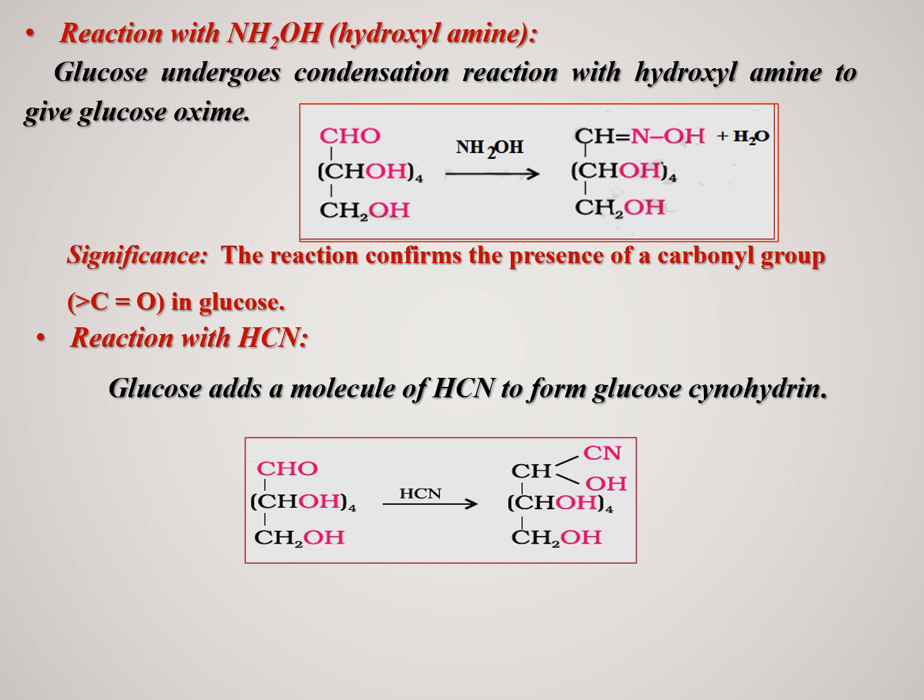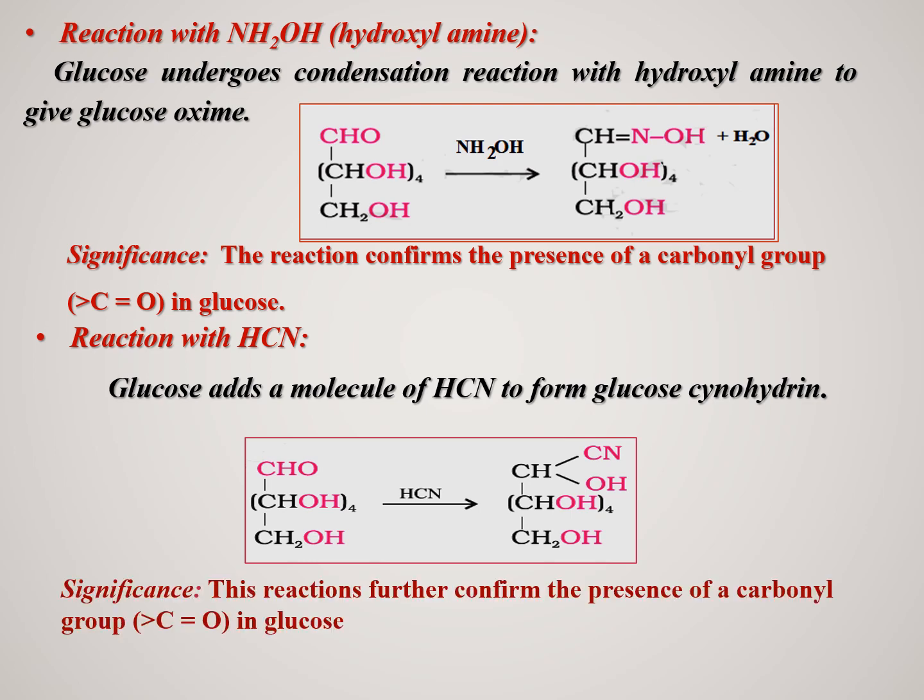So what does this signify? This signifies the presence of, again, the carbonyl group, aldehyde or ketone. Carbonyl means aldehyde or ketone. So these two reactions, reaction with hydroxylamine as well as reaction with hydrogen cyanide, indicate the presence of a carbonyl group in glucose.